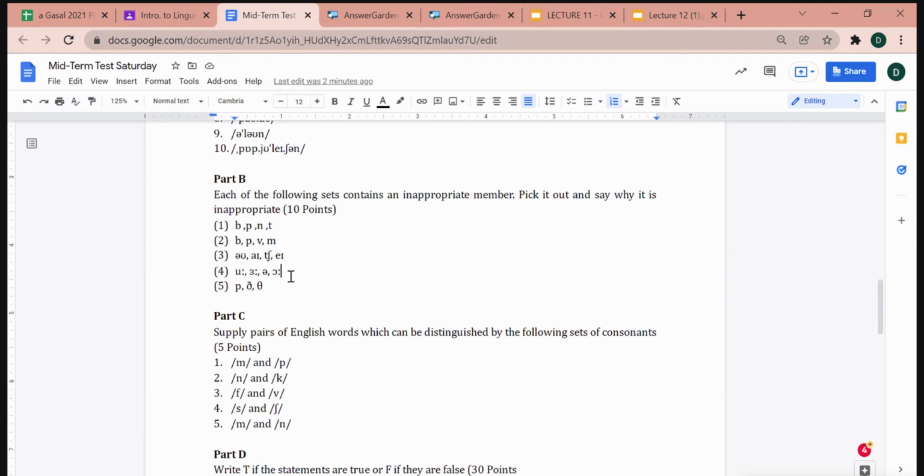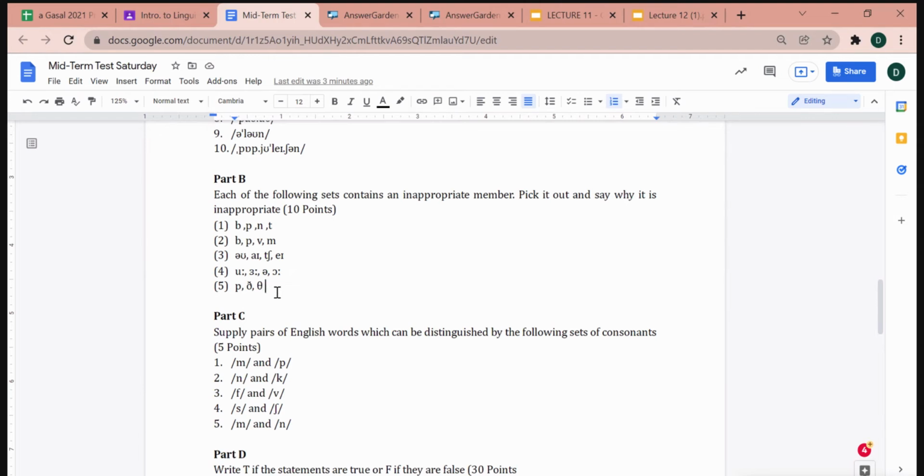Number 4. Vowel. Here. Why? Because other vowels are long. This one doesn't use colon, so it is short vowel. Yang lain kan bunyinya panjang semuanya. Number 5. Voiceless.